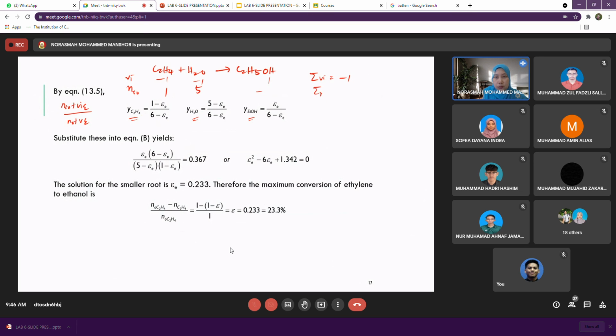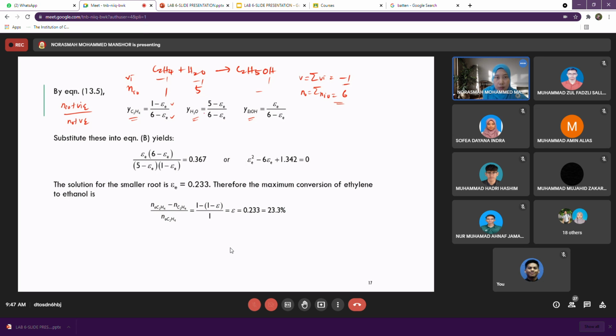So summation Ni0 6. Okay, so untuk YC2H4 dia punya Ni0 1, Vi is negative 1, so negative epsilon. Okay, N0 is summation Ni0 6. Okay, V sekarang adalah summation Vi negative 1. Sebab tu dia dapat 6 minus epsilon.